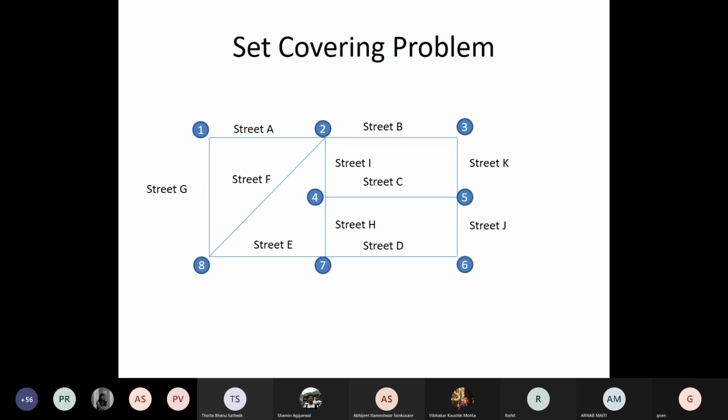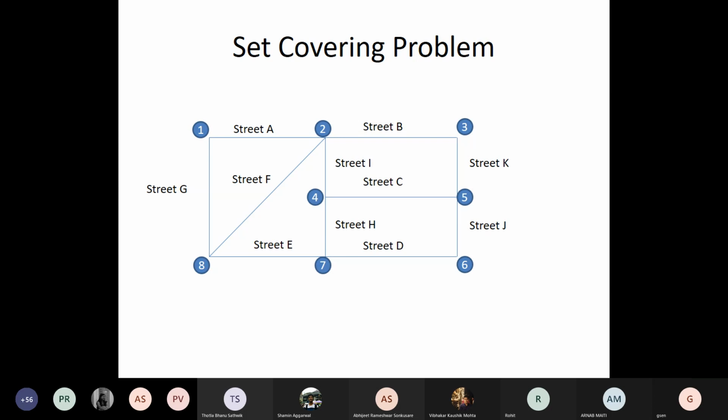Say this is a small campus of some institution, say IIT Kharagpur. This is a small portion of the campus. These are some streets, and then you have these junctions, which are these intersections, 1, 2, 3, these nodes.